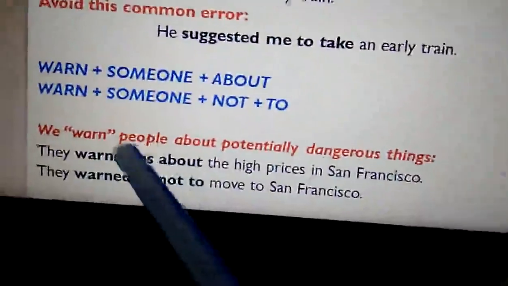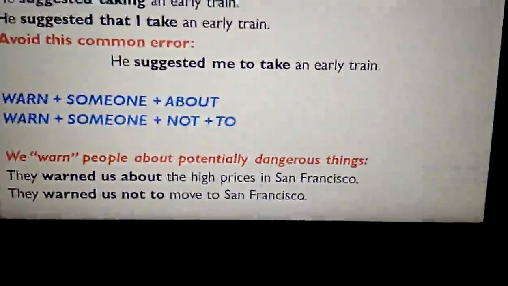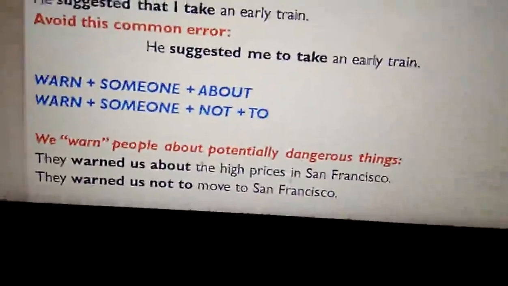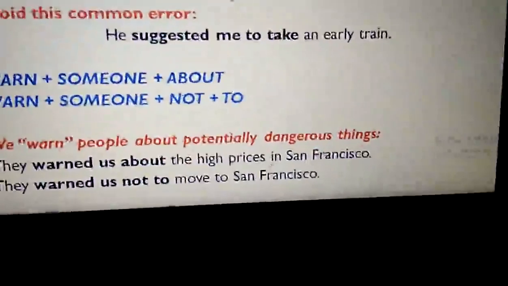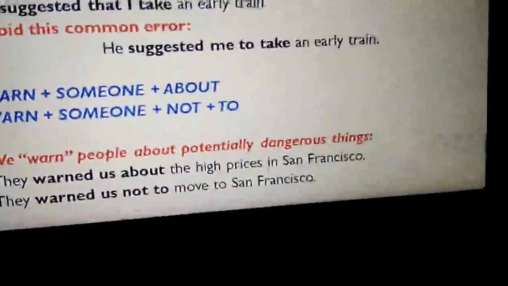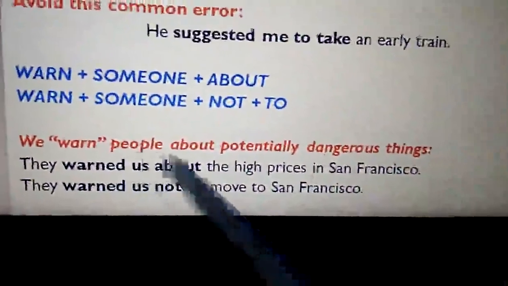Here we warn people, usually about something which is dangerous or something which may give them a bad result. So to avoid people doing such things, we give a warning. So see this example: They warned us about, see the pattern.